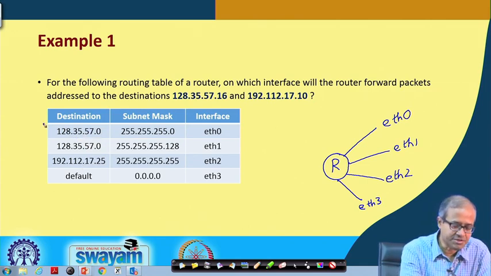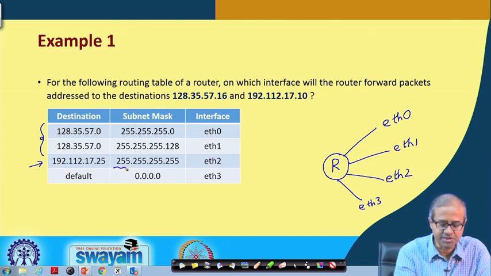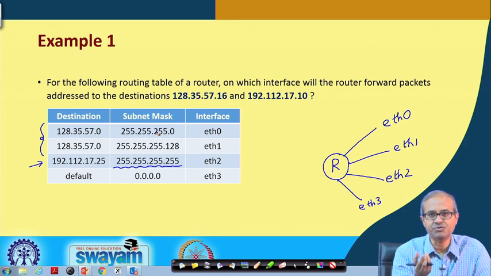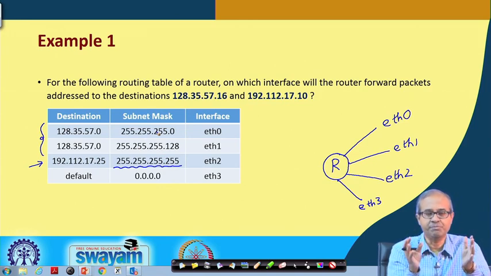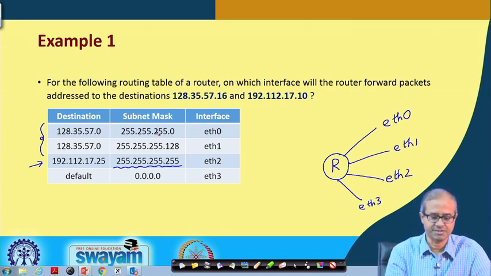The first 2 entries refer to network addresses, ending with .0, but the last one is a host specific address. Because it is a host specific address, I am using all bits to check. Subnet mask is all ones, but for the others the subnet mask will tell you how many bits in the address I have to check for the network address, and the last bits will be for the host address.